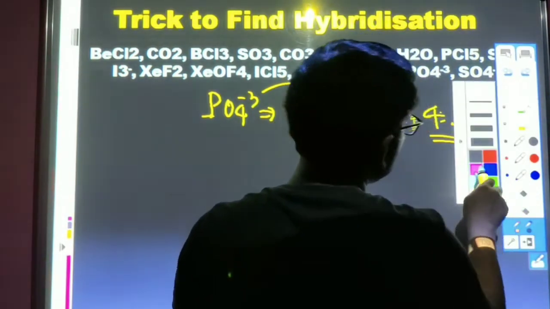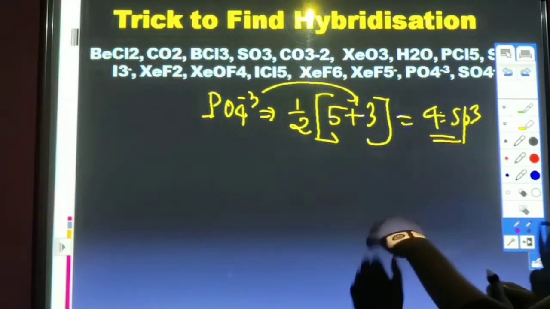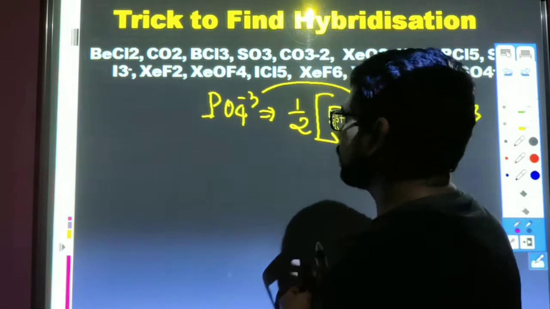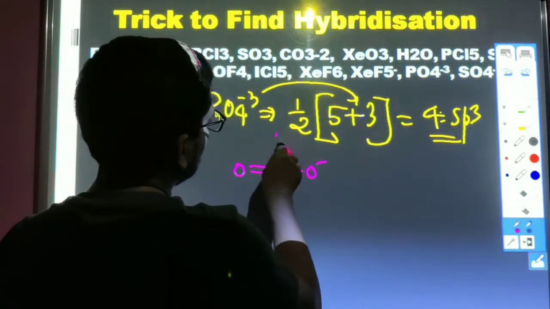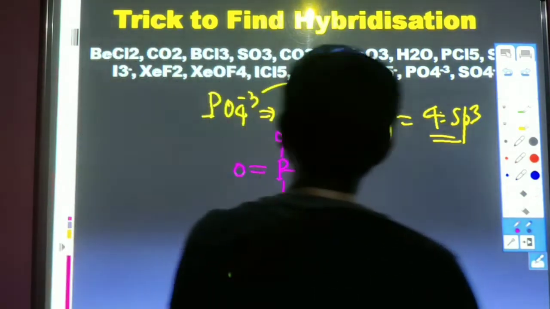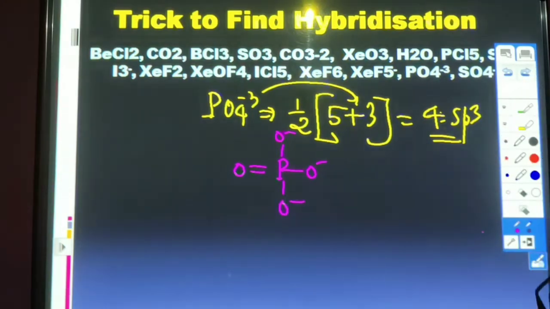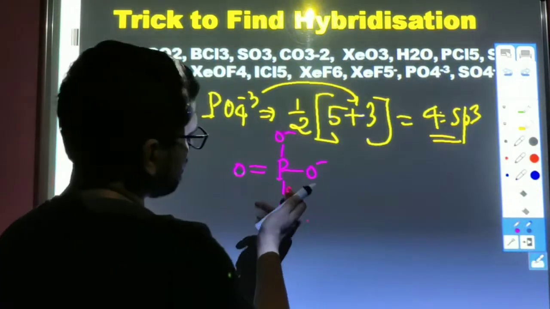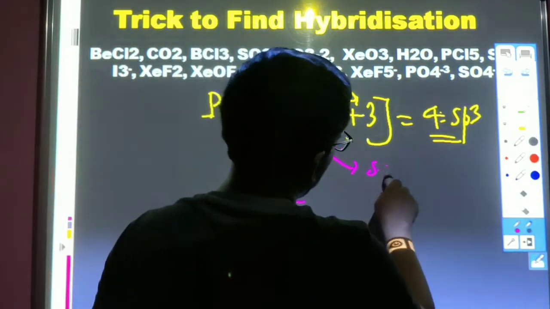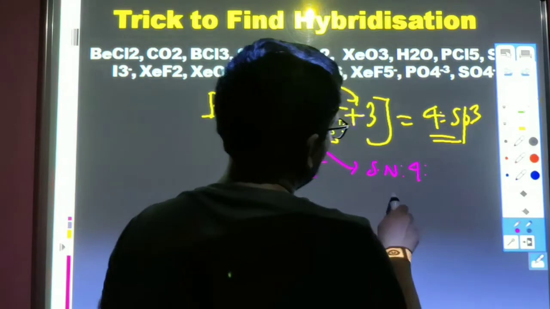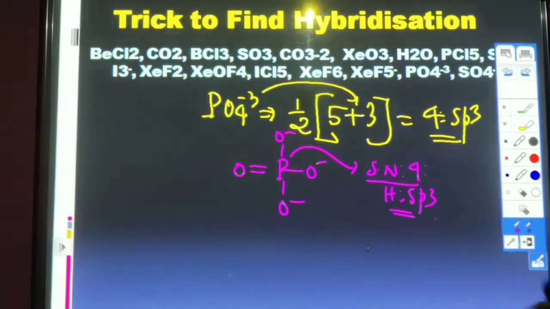If you are confused whether it will really be sp3, you just draw the Lewis structure. P double bonded O, and O minus; this oxygen carries a charge because it forms a single bond with phosphorus. So the number of sigma bonds is 1, 2, 3, 4. So steric number is basically 4, and hybridization will be sp3. Done.